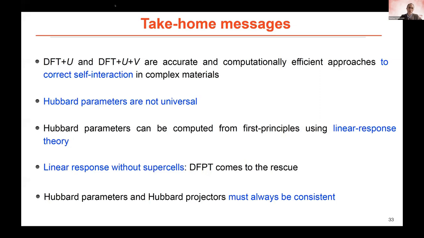What one needs is really to treat S states and P states on the same footing, because as we know, the valence states of these materials are based on sp3 hybridization. So in order to have a good representation of the orbitals where the electrons like to localize, you have to mix them. That means that in order to get an accurate calculation, you have to have both U and V, both on-site and inter-site.